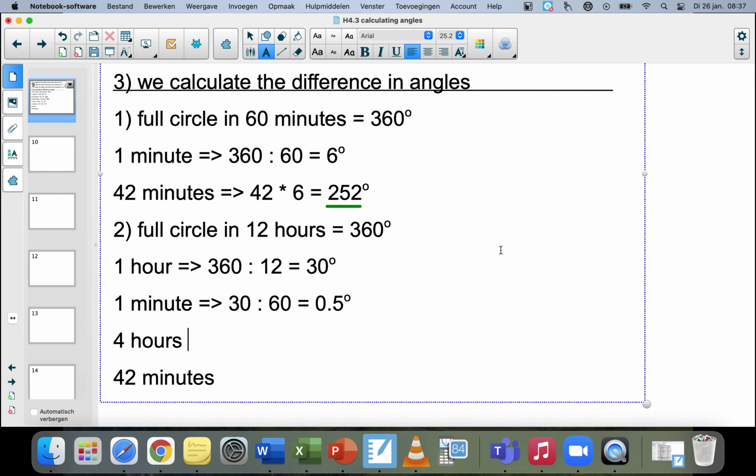So we could make them all into minutes, but it's easier to just look at the hours. 4 hours, 1 hour was 30 degrees, so 4 times 30 is 120 degrees. 42 minutes, 1 minute it did 0.5 degrees, so in 42 minutes it does 42 times 0.5 is 21 degrees.